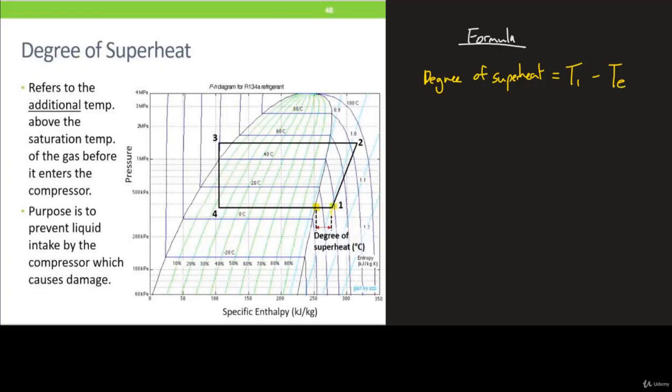So degree of superheat is T1 minus TE, and it gives you some information because there must be some additional temperature to ensure that all your liquid has converted to vapor. Your compressor cannot take in any liquid, it will damage the compressor. So we have to ensure that. Therefore, you always have to heat up to a certain temperature to make sure that everything has converted to gas.